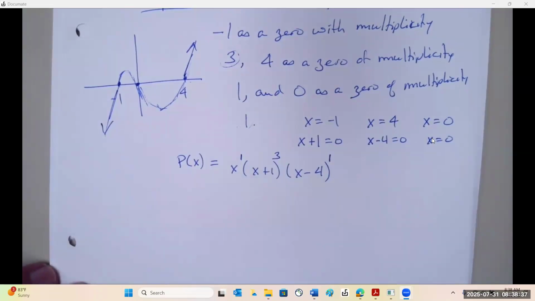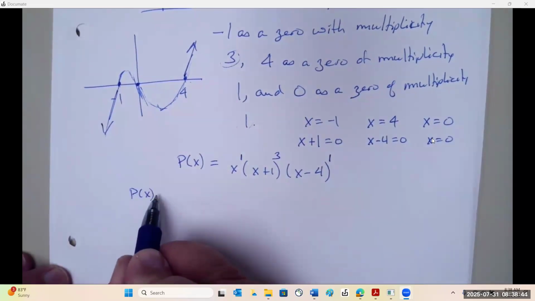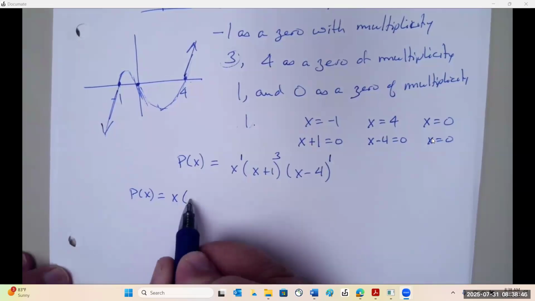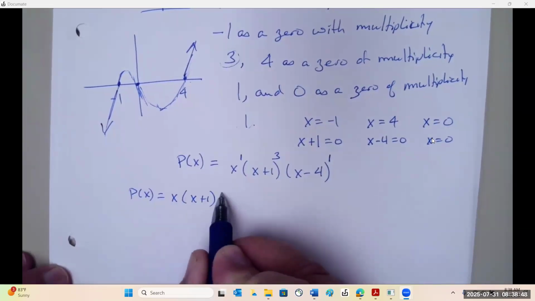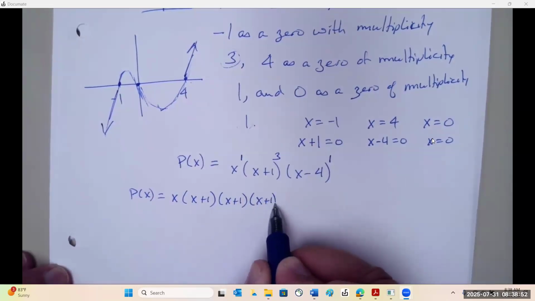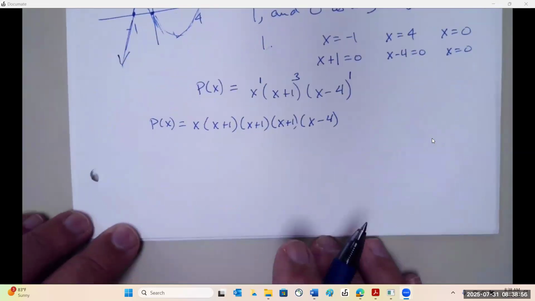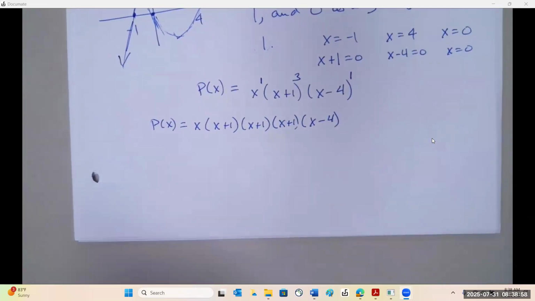So now I'm looking for my polynomial. So it's x plus 1 times x plus 1 times x plus 1 times x minus 4. Since I'm looking for the polynomial, I'm not done until I get an equation.